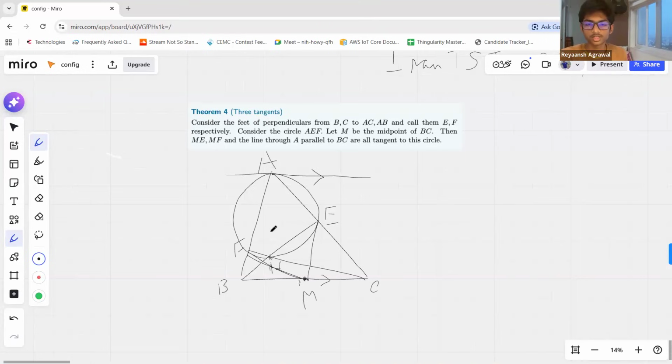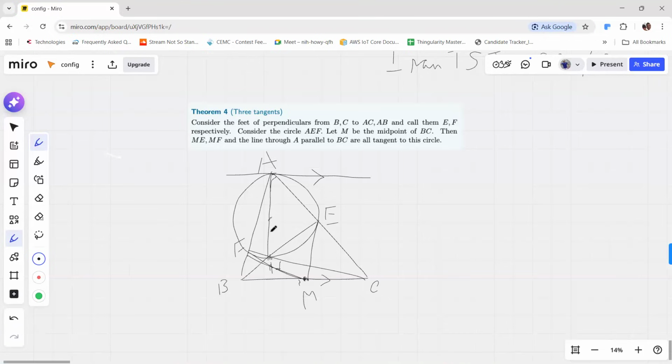Can anyone prove this? I believe this is also a problem from KMO. The center lies on AH. Yes, the center does lie on AH. It's the midpoint of AH. Yes, it's true. And why is that? It's because angle AFH is 90, right? Yes. Great.